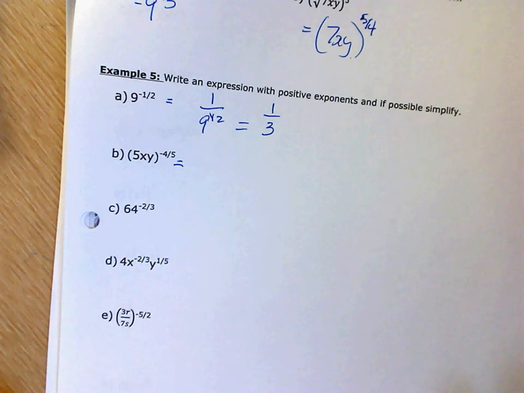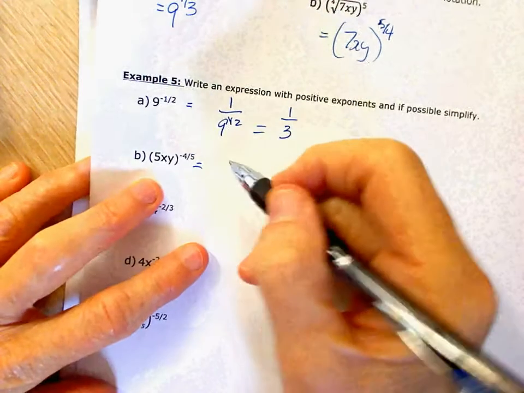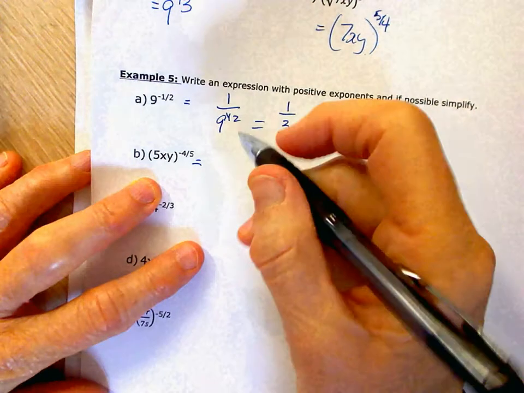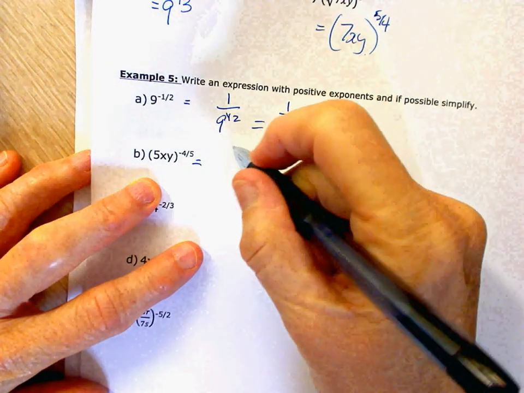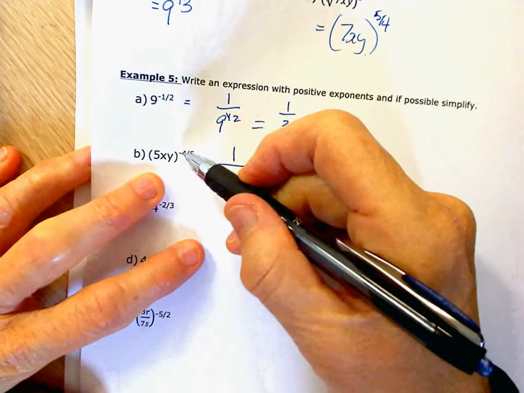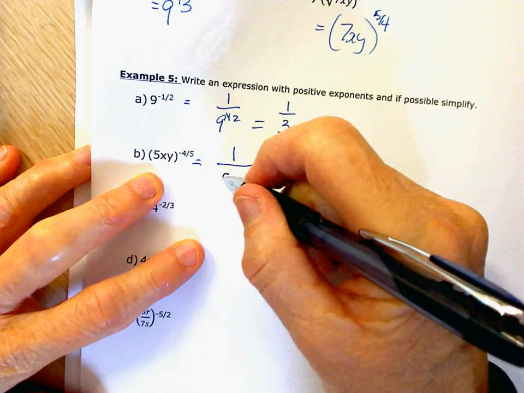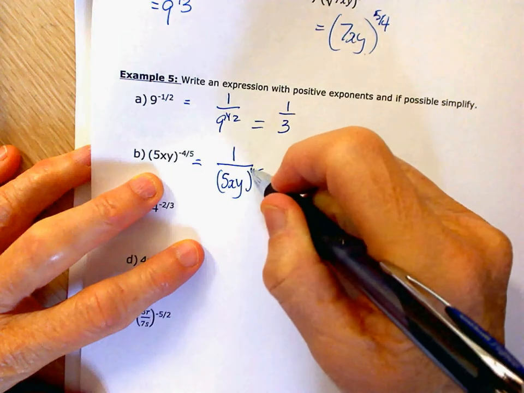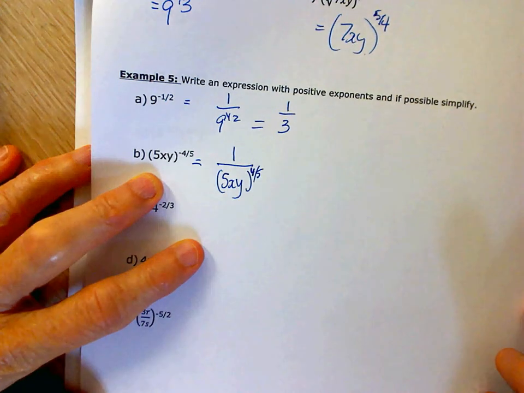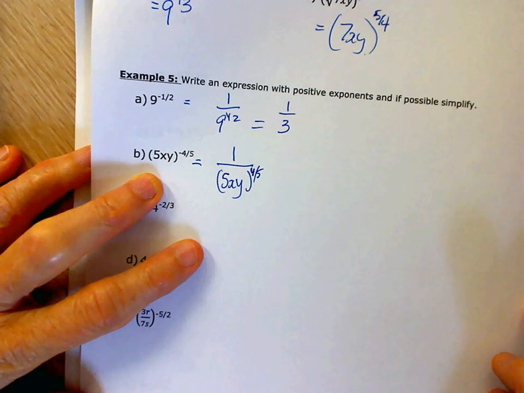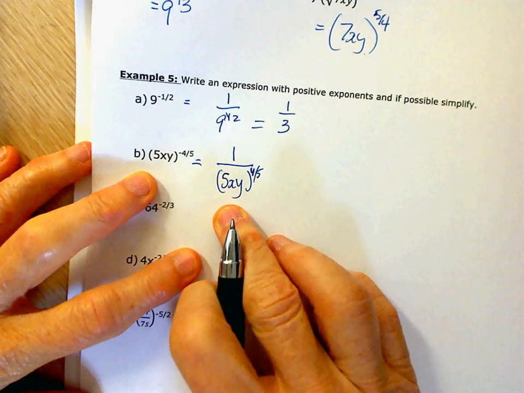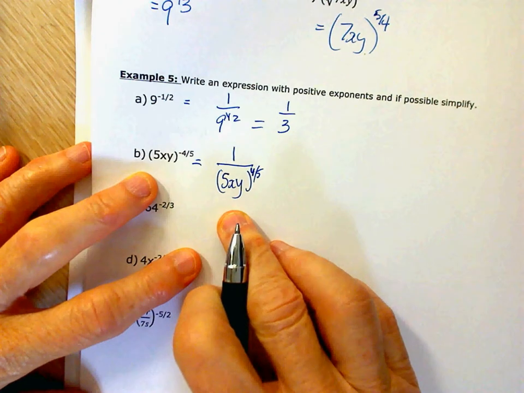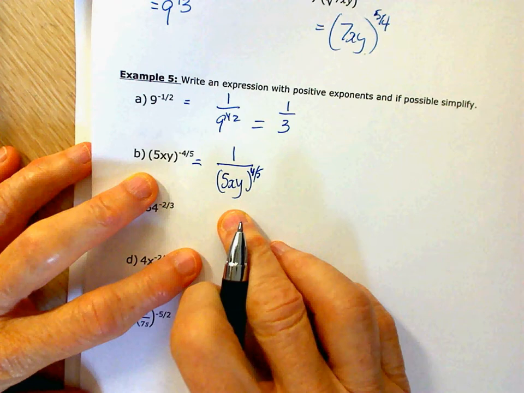What do you think? What's this guy equivalent to? Write it with positive exponents. You know, when it crosses the division line, the negative exponent becomes positive. But we cannot evaluate that, can we? A really big number divided by something.